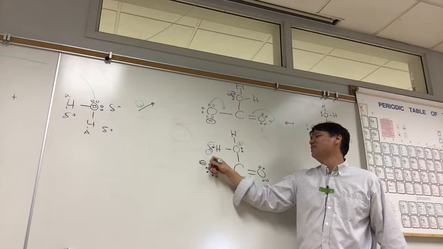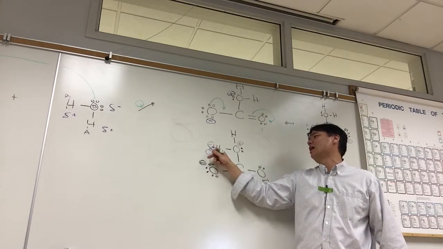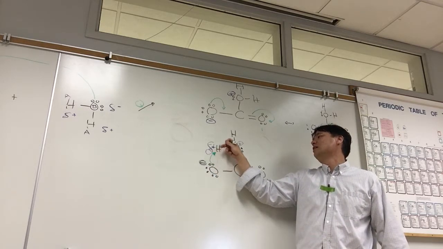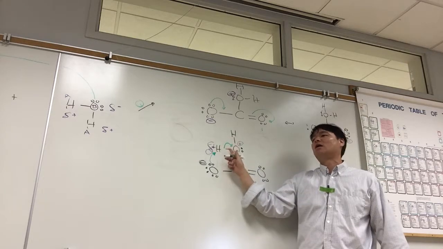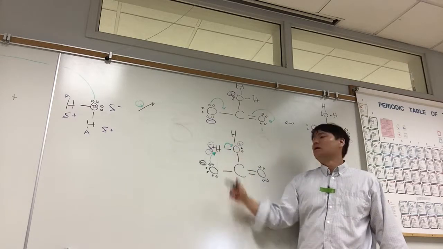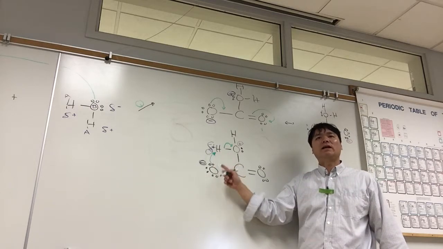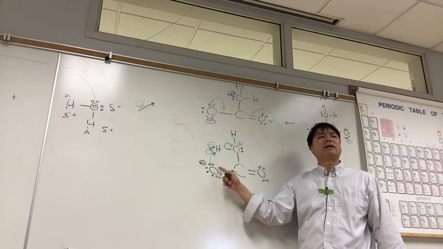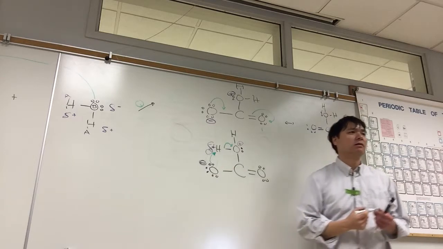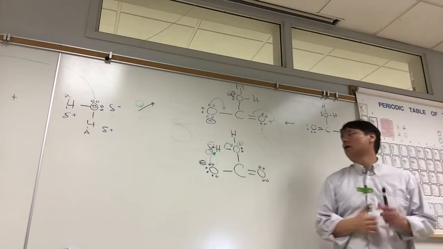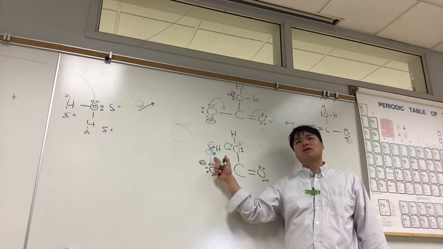And so what happens is these electrons get pushed into the hydrogen's s, which is going to kick these sp3s onto the oxygen. This is called an intramolecular proton transfer.